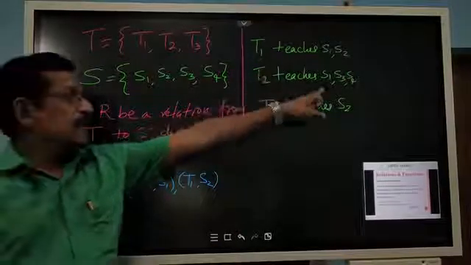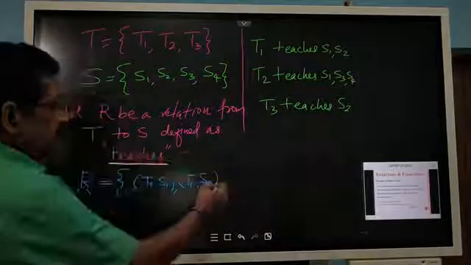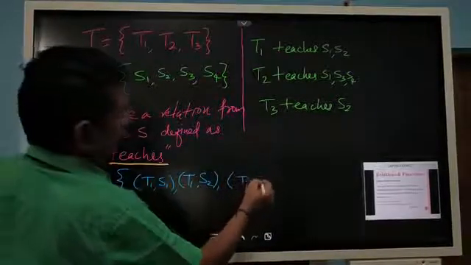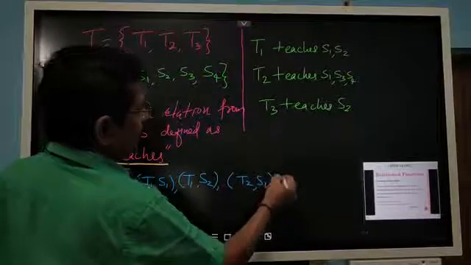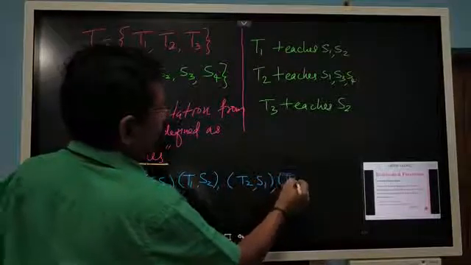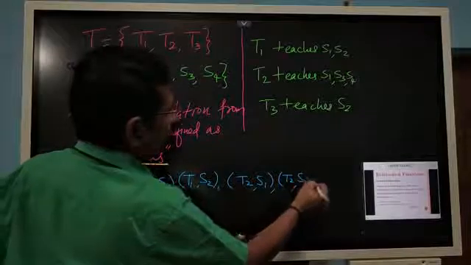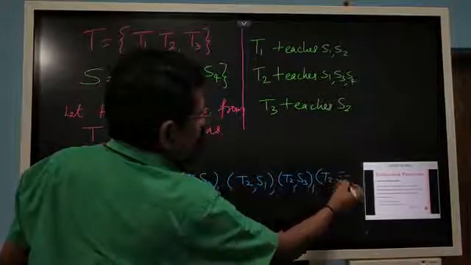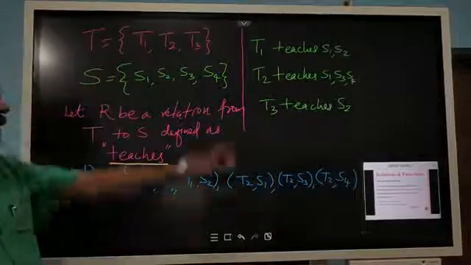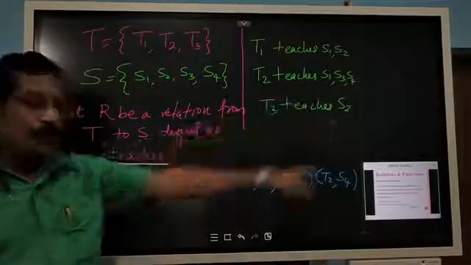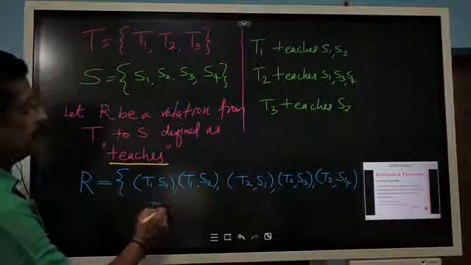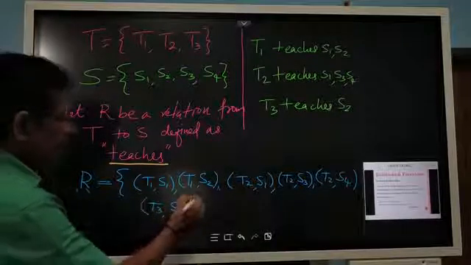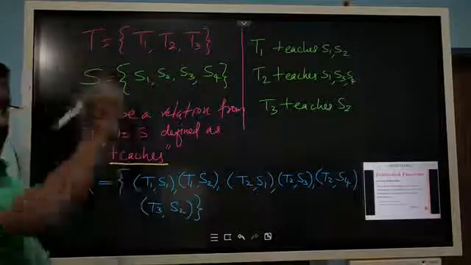Teacher 2 teaches S1, S3, S4, so I can write (T2, S1), (T2, S3), (T2, S4). Teacher 3 teaches student 2, so (T3, S2). So this is the relation as per the given condition.